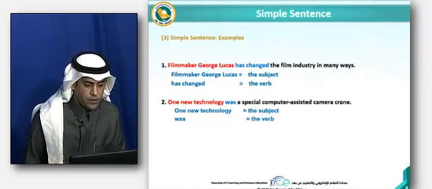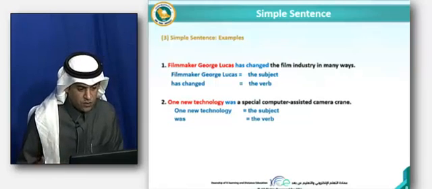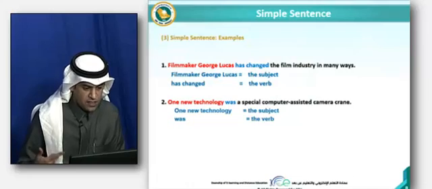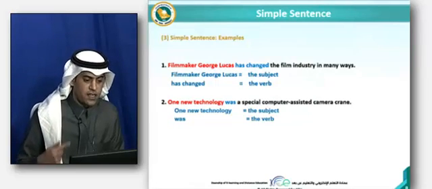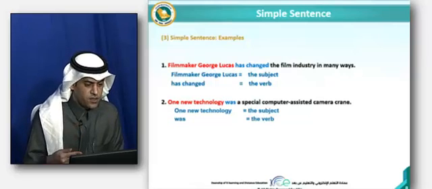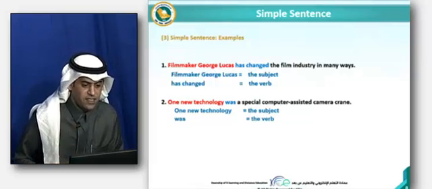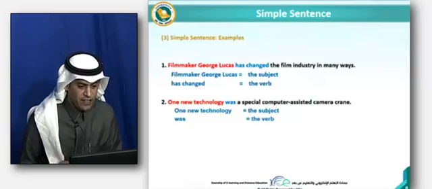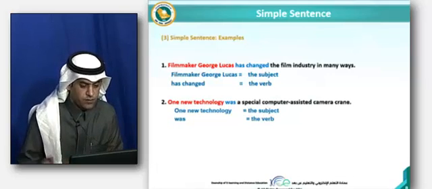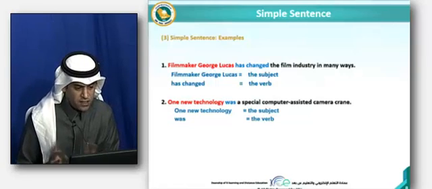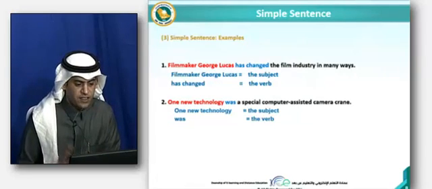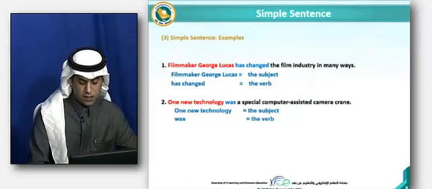Here again the subject is one new technology. This is the subject of the sentence. As for the verb, it is was. As you can see, the verb of the first sentence tells the action, has changed, like writing, thinking, working, while in the second one, new technology was, the verb expresses the condition.